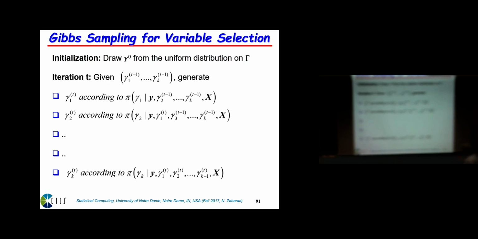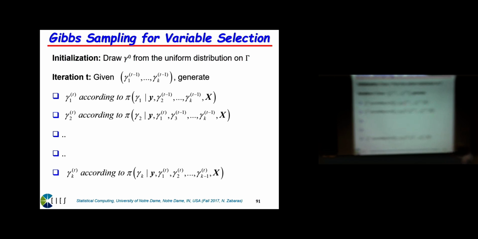You sample it from the conditional posterior of gamma 1, where all the other gammas are fixed. What that means is, with given values of gamma 2 to gamma 11, so with already a decision if the variables x2 to x11 are in or out, you sample from the conditional of gamma 1 given those variables and the data, okay?